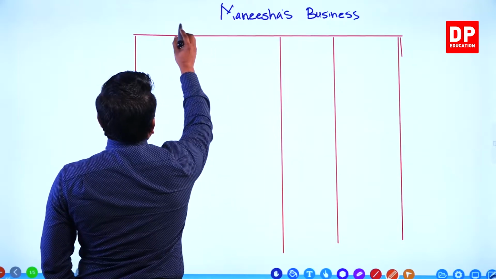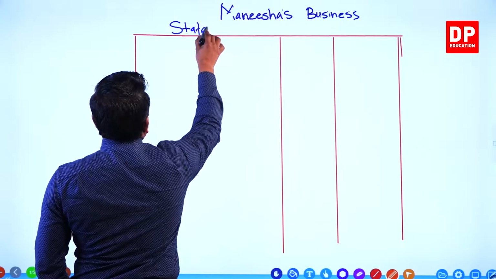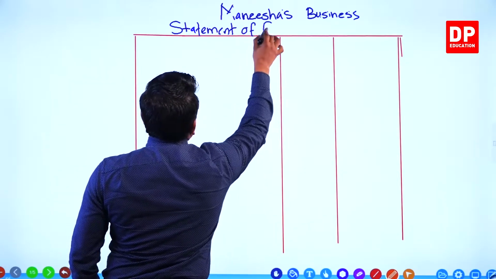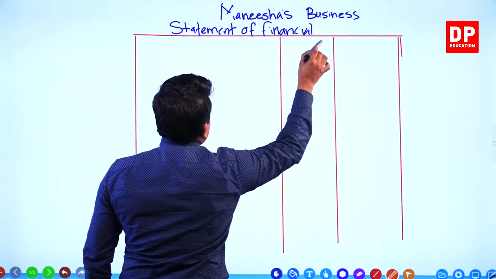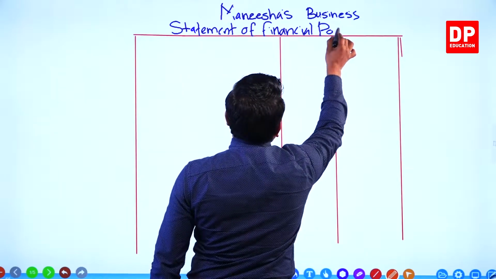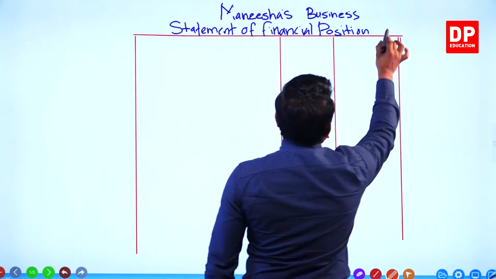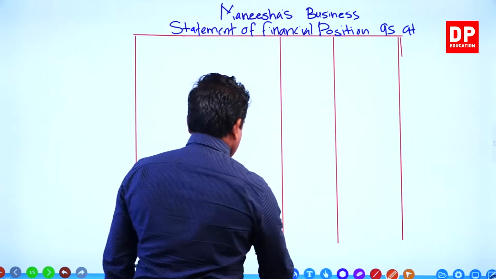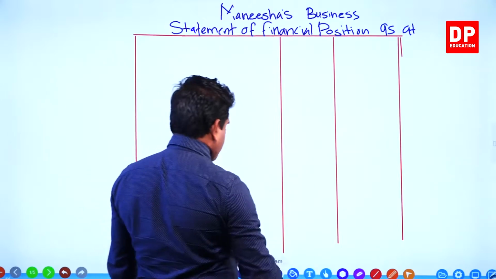Manisha's business, statement of financial position, as at when? You can see the date. Actually, it should be 31st December.